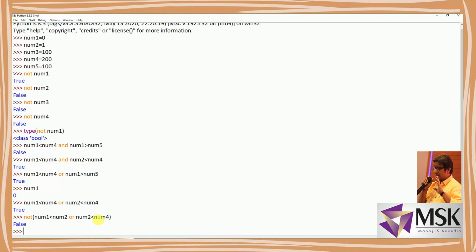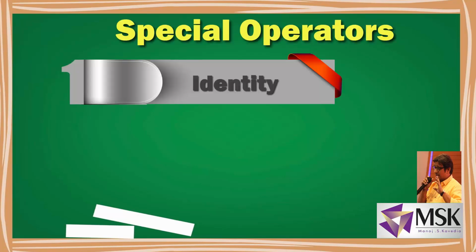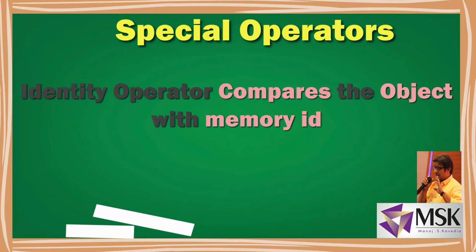So now let's move on to the next operator. Now Python supports some special types of operators. Out of that, one is the identity operator and second is the membership operator. Now let's see what the identity operator is. Identity operators are used to compare objects, not if they are equal, but if they are actually the same objects with the same memory locations.